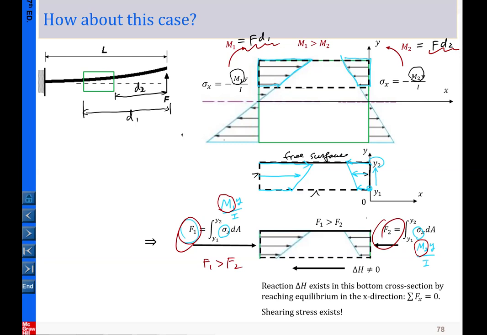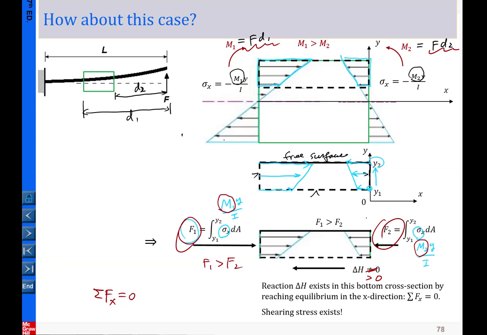Okay, now we come to the very interesting point. Now again, we take the force equilibrium in the x direction. Since F1 is greater than F2, there must exist a reaction at the bottom side to get this in balance. So delta H should be greater than 0, pointing in that direction.